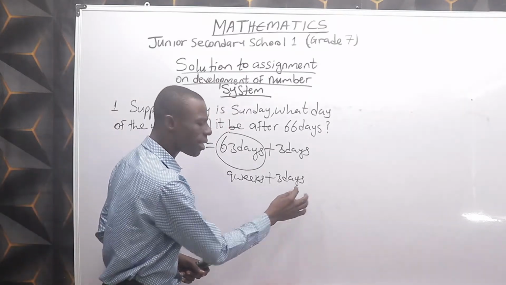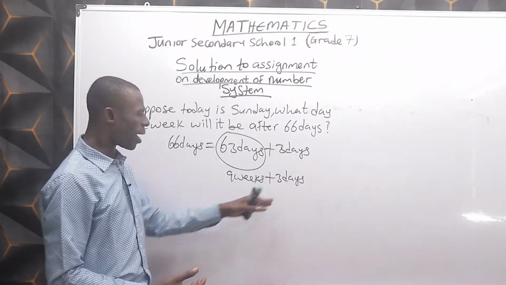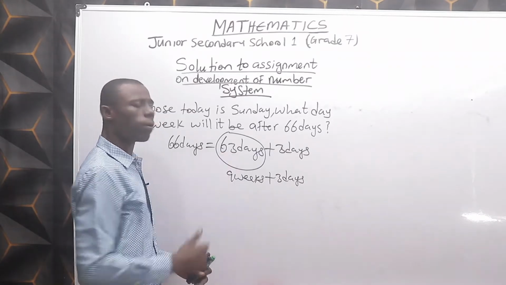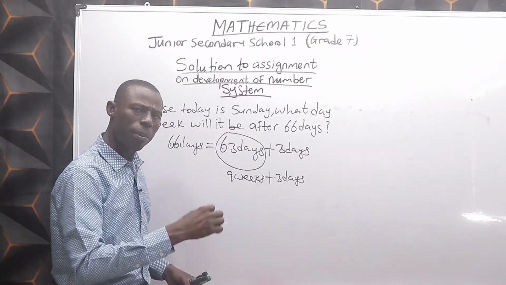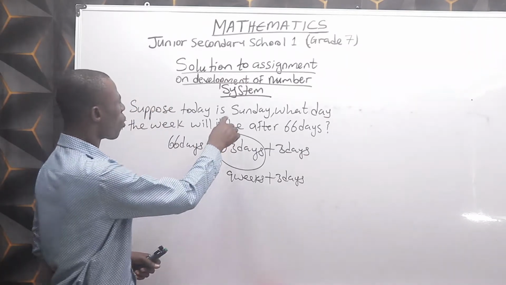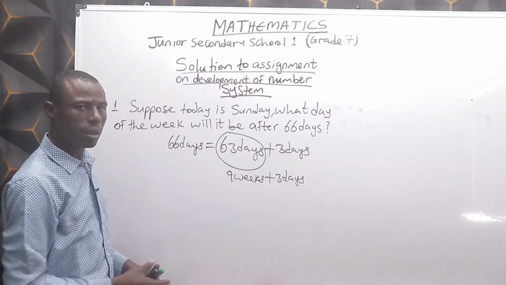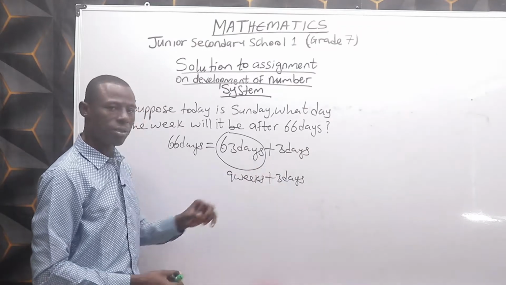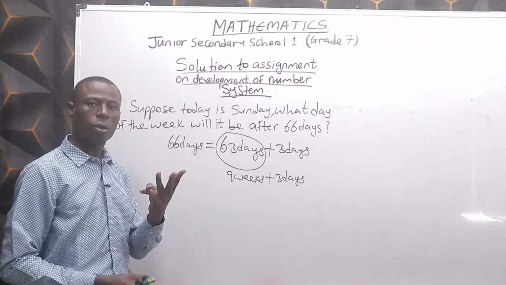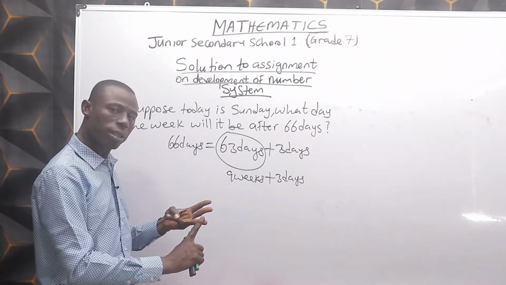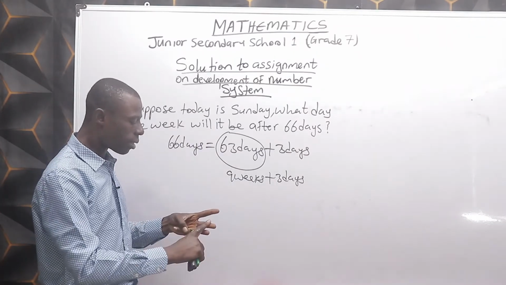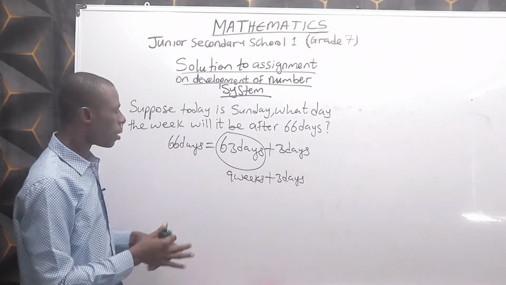Now, these 3 extra days are not part of the multiples of 7. That is the number you will count on from Sunday. After the Sunday, you count Monday, Tuesday, Wednesday.